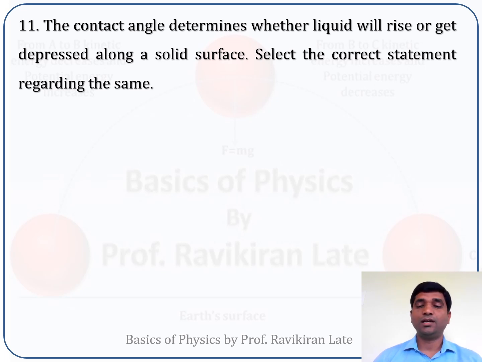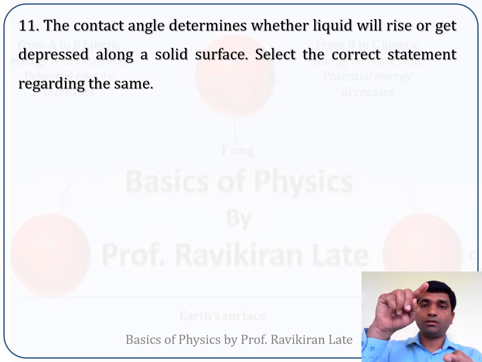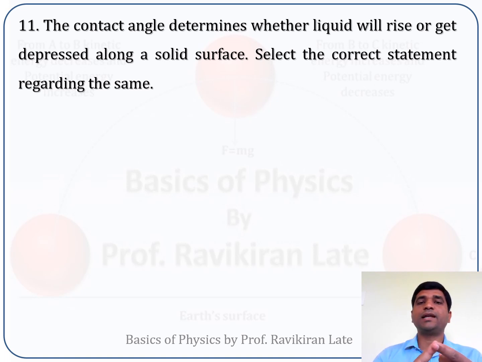We just saw in our earlier questions that if the liquid is wetting the solid, then the liquid will rise inside a capillary tube. If the liquid does not wet the solid surface, then the liquid inside a capillary tube will go down. So in the first case the angle of contact is less than 90 degree, that is an acute angle. In the second case, the angle is an obtuse angle, as we had seen.